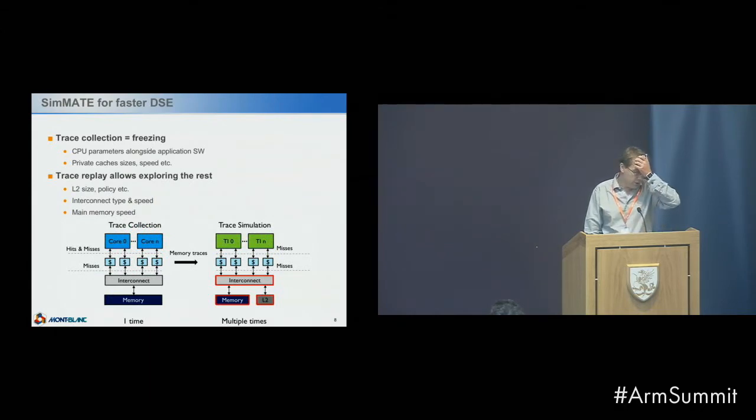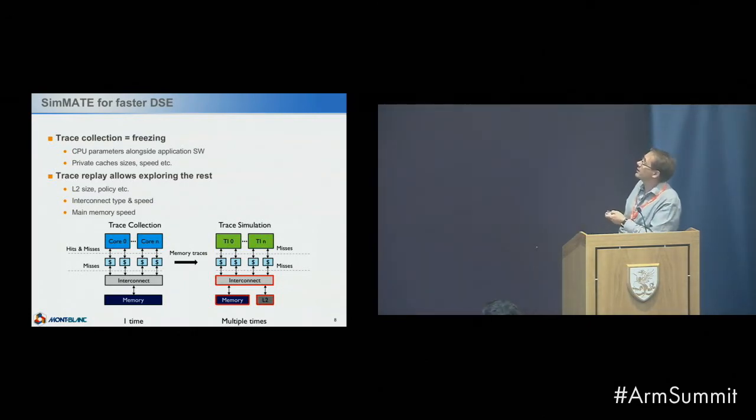So when you're doing that, it makes it possible to do some fast design space exploration on a number of parameters, but still, when you collect a trace, you somehow take a snapshot of what the system is doing, right? So there are some parameters that are frozen, and there's no way a trace-driven simulation can account for changing those parameters.